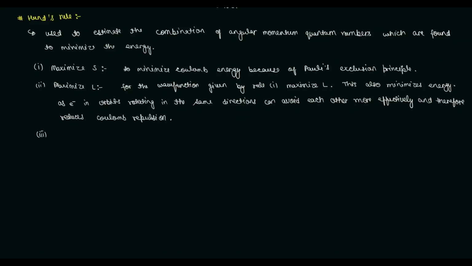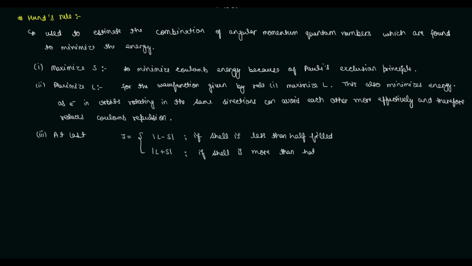At last, the value of J is found using J is equal to mod of L minus S if the shell is less than half filled, and J is equal to L plus S if it is more than half filled. This rule arises from an attempt to minimize the spin orbit energy.